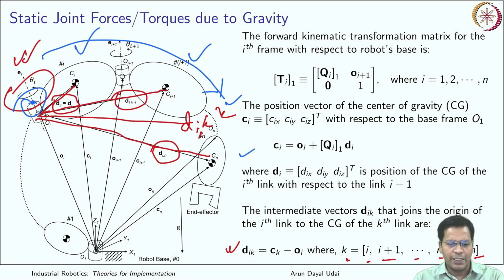Got it? That is the reason I am calculating all the vector distances, so that I can take the cross product with the gravity forces for all the links. So this is the reason I am calculating all these vectors.